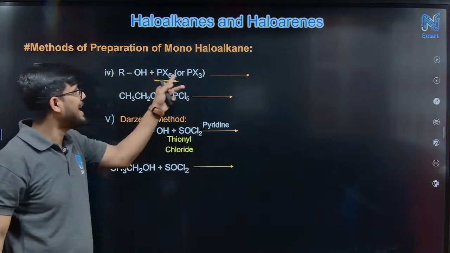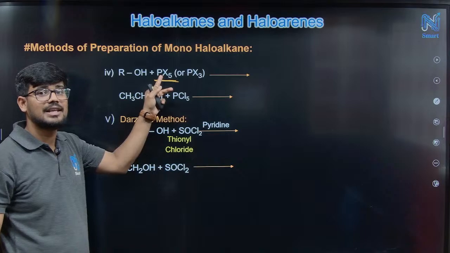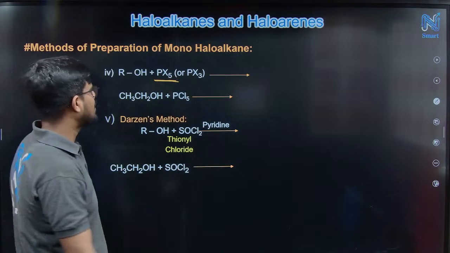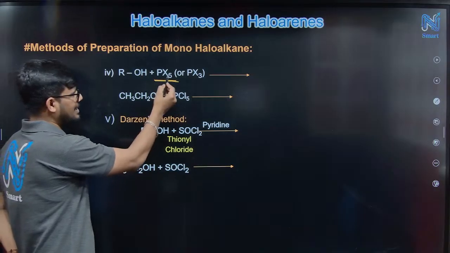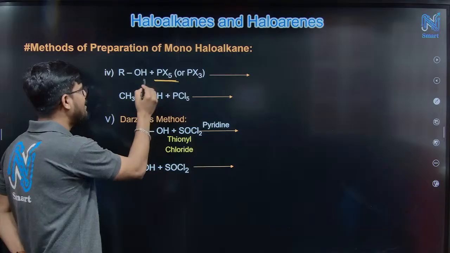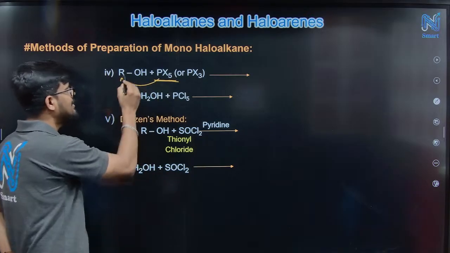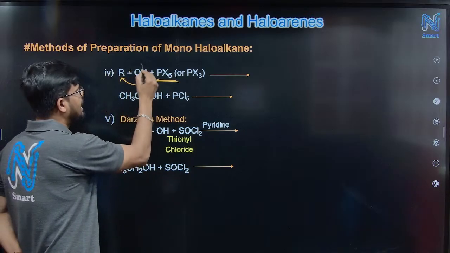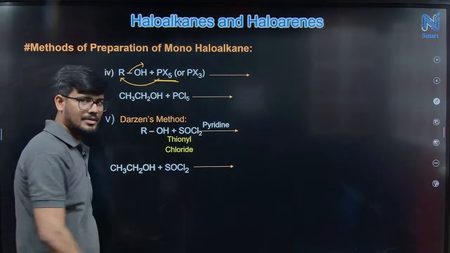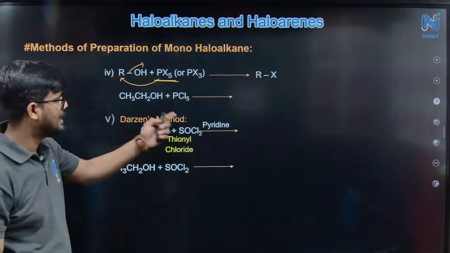Here instead of HX we are using PX5 or PX3. So what product will you get? This is the source of halide, and this X will attack this R, meaning carbon, and this will be released. So by default the product will be RX, correct?